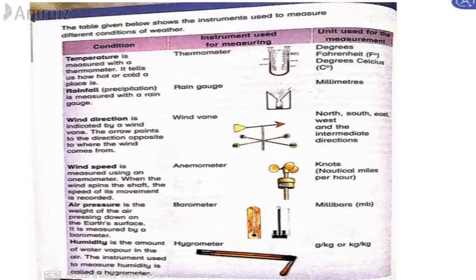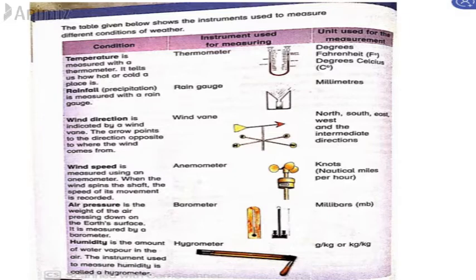Meteorologists give a prediction on the basis of all these factors. These factors include temperature, rainfall, the direction of the wind, the speed of the wind, the pressure of air, and the amount of humidity present in the air. All these factors are included in predicting weather conditions.